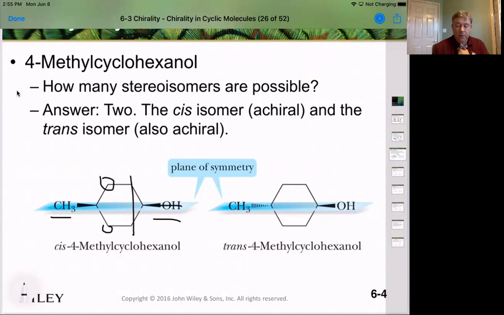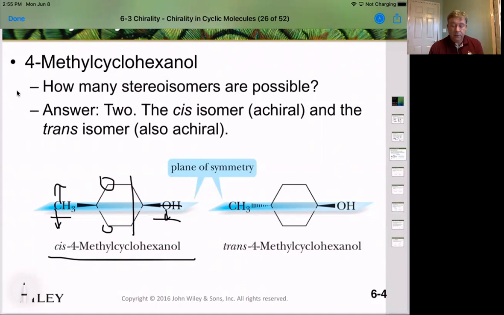Half of this OH is above the plane and half is below the plane. Half of this methyl group is above and below the plane, okay? Which means the cis compound here is achiral. It's meso because of this plane of symmetry, even though it's cutting through atoms. It can be either cutting through bonds or cutting through atoms or both to do this.